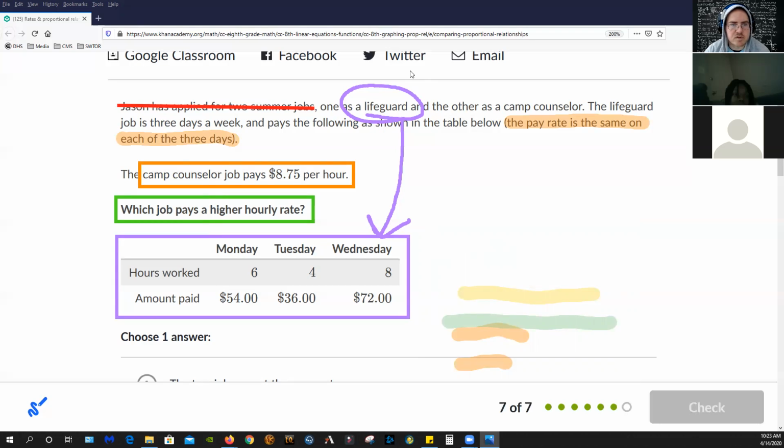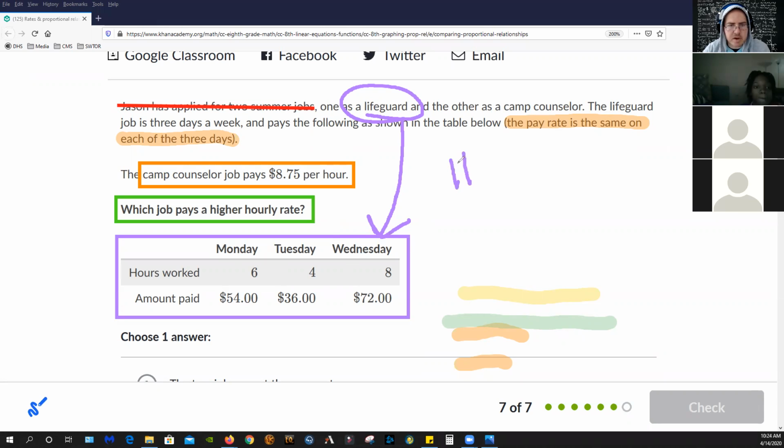Okay, so this rate, this dollars per hour, is something we can solve with these numbers.